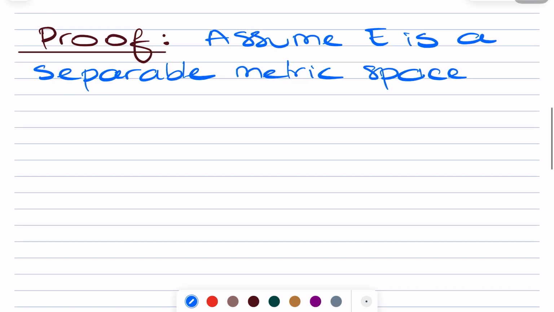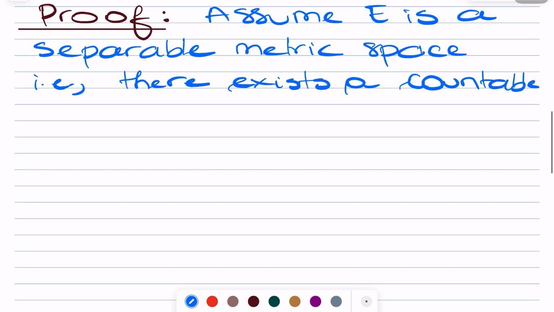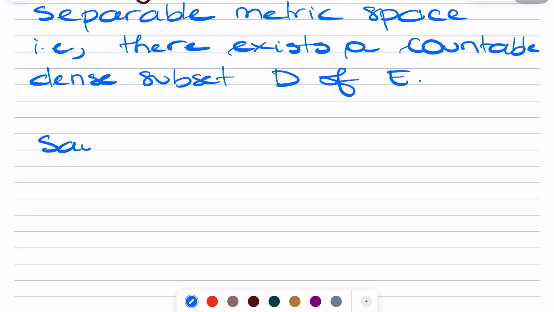This means there exists a countable dense subset that we call Z of E. Of course we can always assume that Z has the following form: those are the u_n, just a sequence u_n.